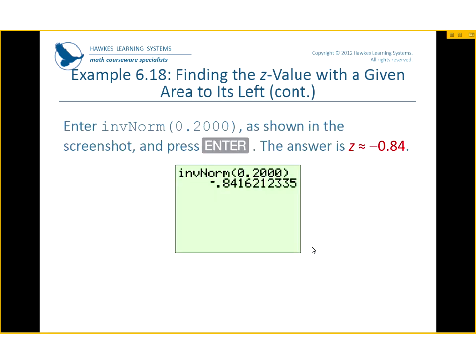Second, VARS, 3, and we put 0.2000, close parentheses. And look what you get: negative 0.84, which is our z-score. That tells us that below the mean, this is 0.84 standard deviations away from the mean.